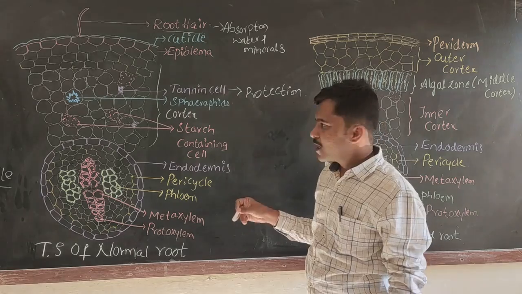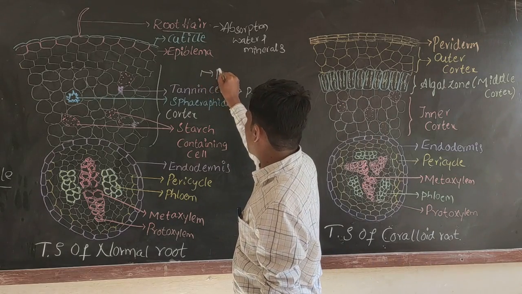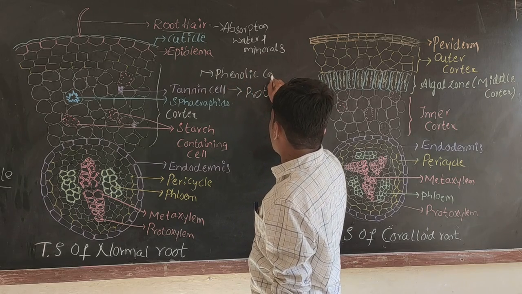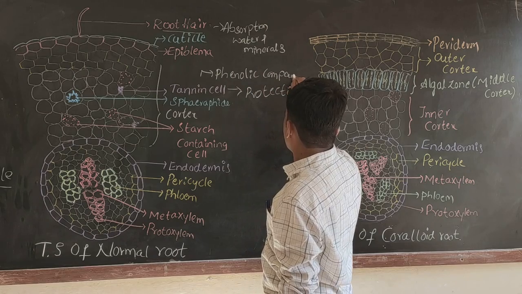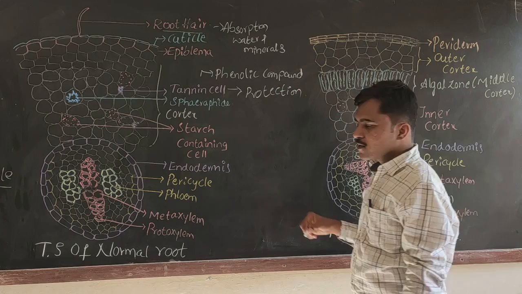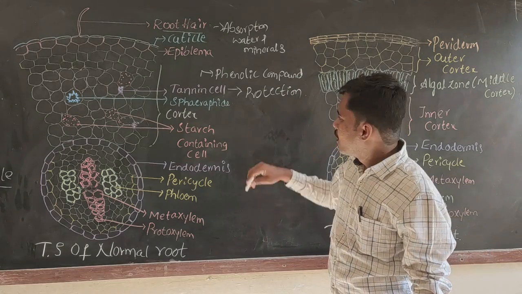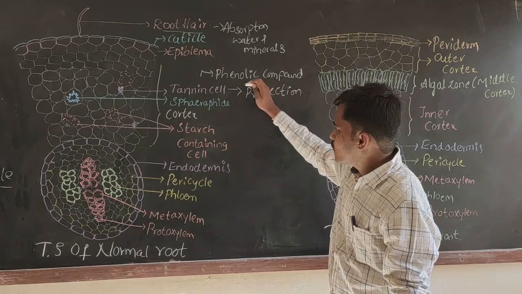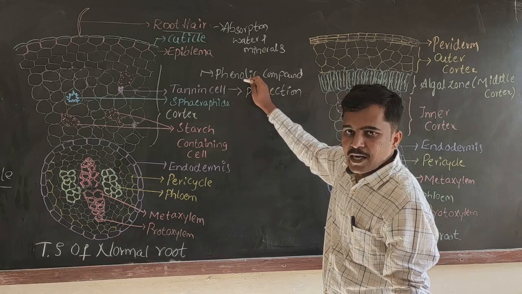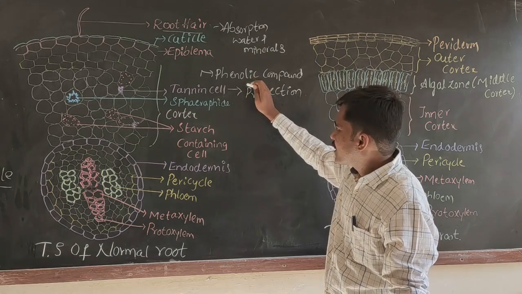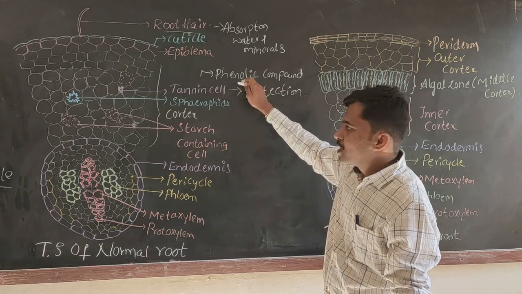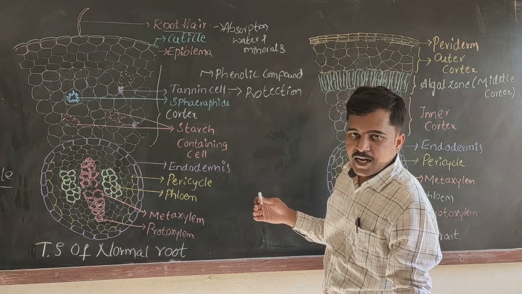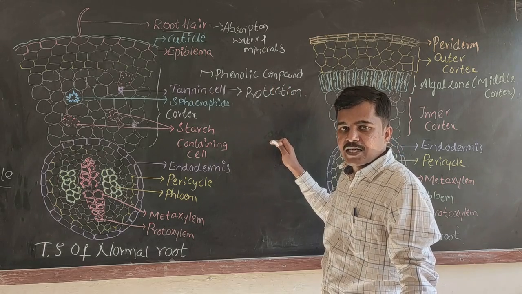This tannin is nothing but a phenolic compound. These phenolic compounds help in protection. How they help is that whenever bacteria, fungi or any parasite attacks this particular root, these phenolic compounds resist the attack of bacteria or fungus.